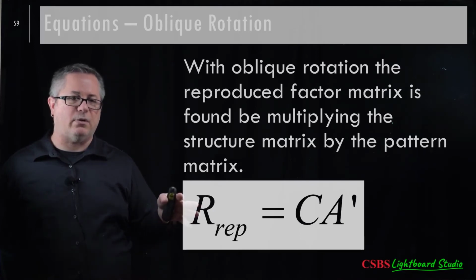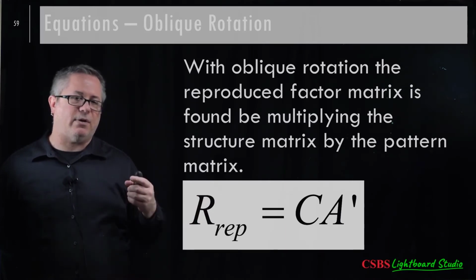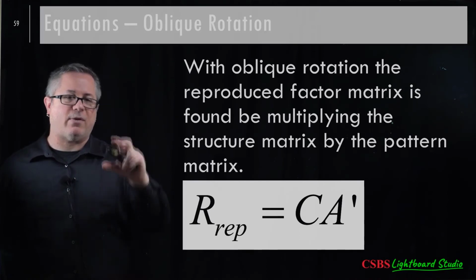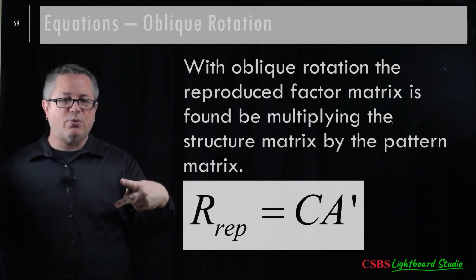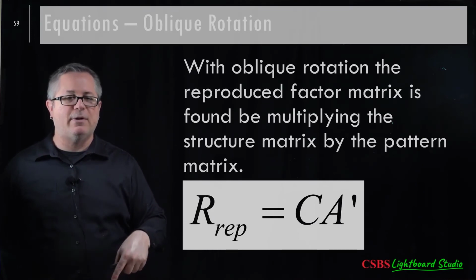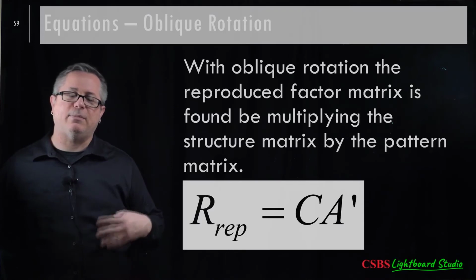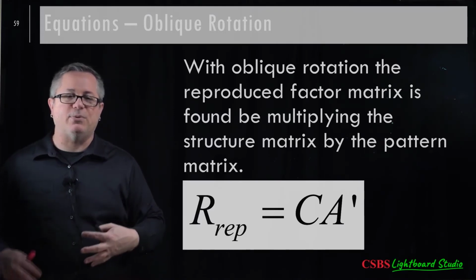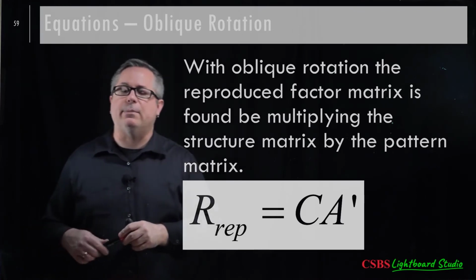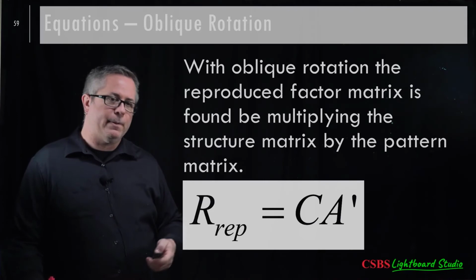Instead of having one extracted matrix and one rotated matrix, I now have an extracted matrix, two rotated matrices, and then a factor correlation matrix. So there's more complexity, but sometimes that added complexity helps you to get a cleaner picture of what's going on in your factors and your items. So it's worth the trade-off there.